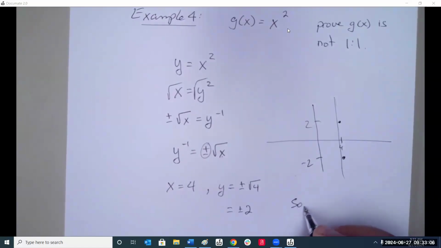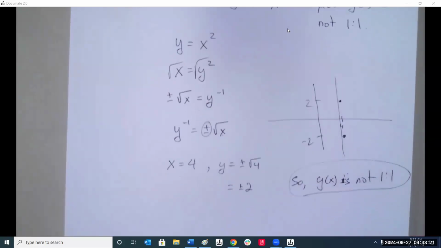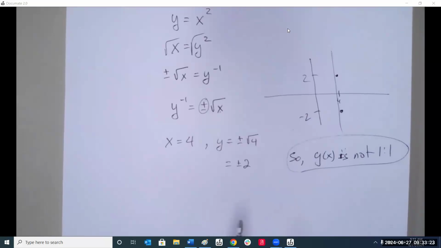So g of x, since the inverse doesn't exist, is not 1-to-1. Because remember, for every input, you have to have the same output.